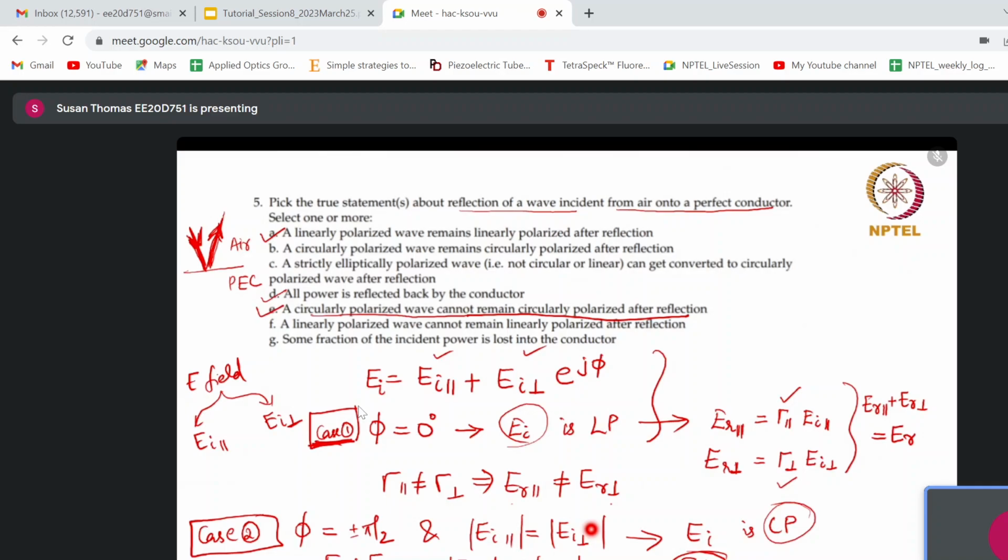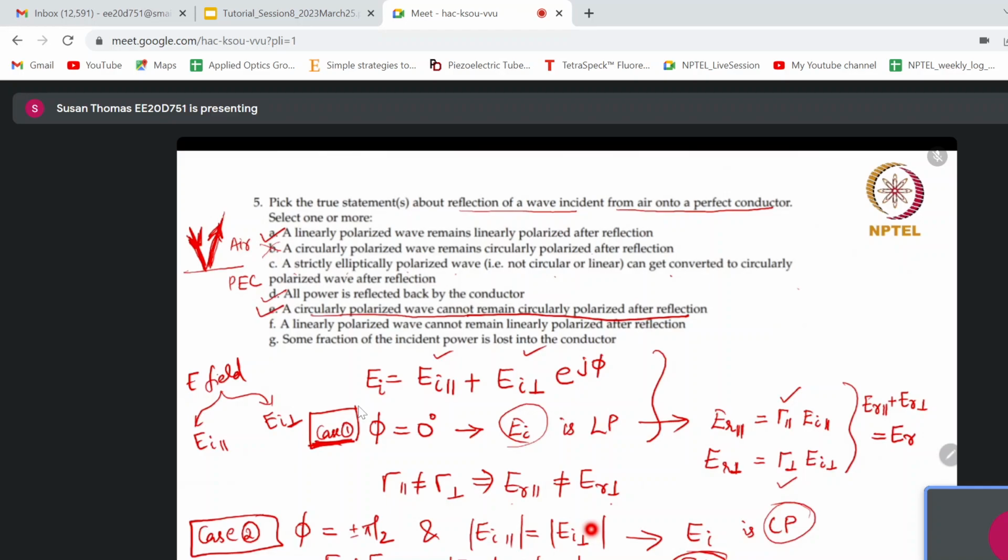Now how about statement B? A circularly polarized wave remains circularly polarized. No, that's not true. Coming to statement C, a strictly elliptically polarized wave can get converted to a circularly polarized wave after reflection. Is there a chance?